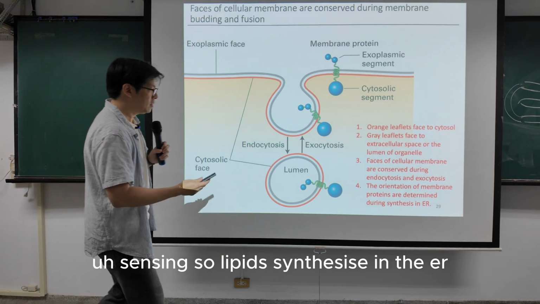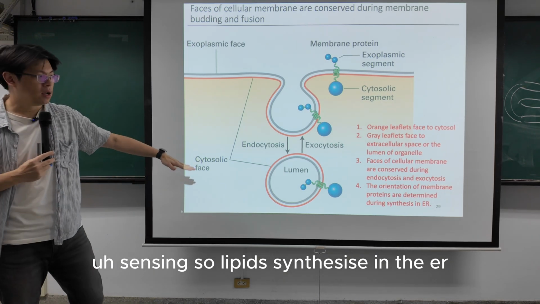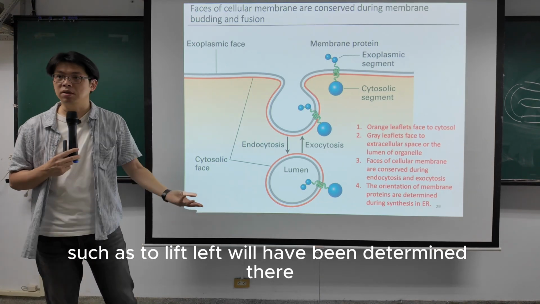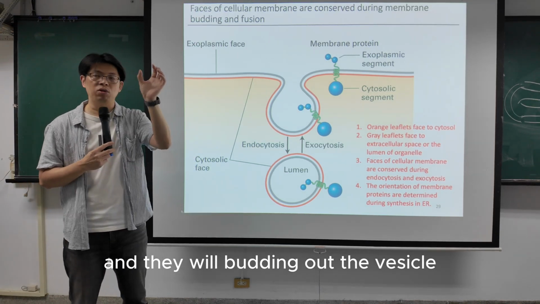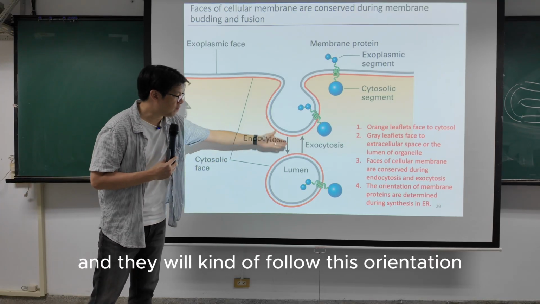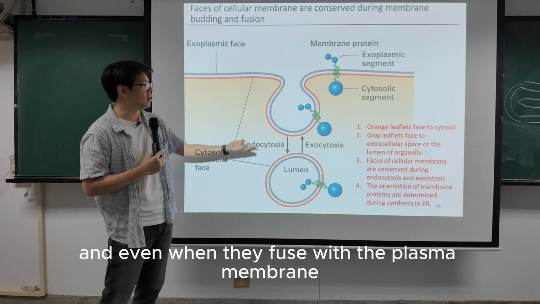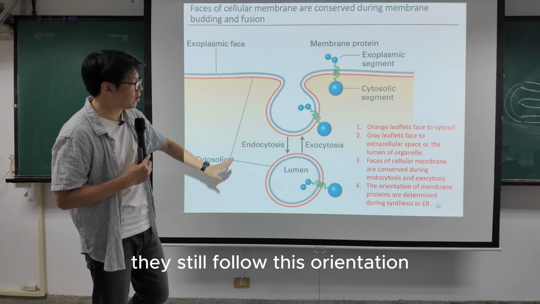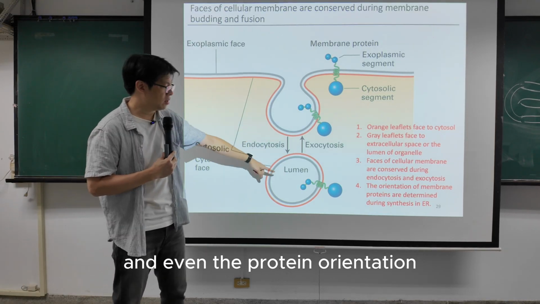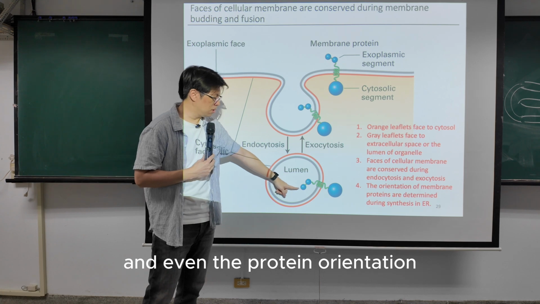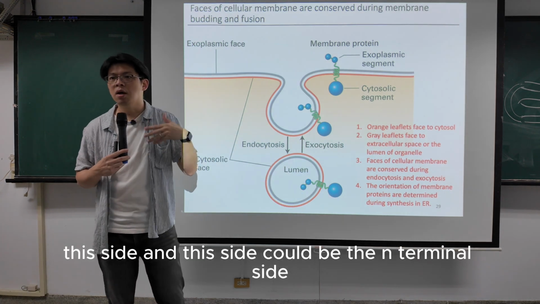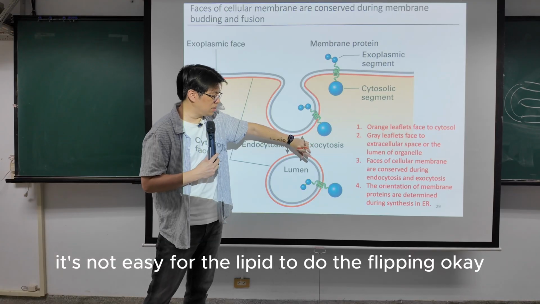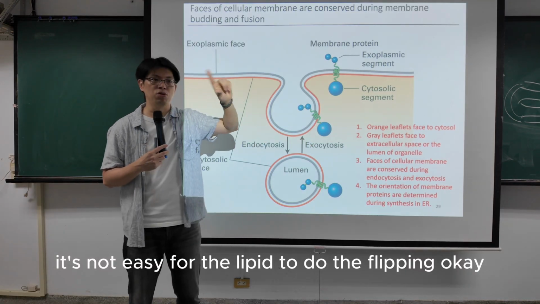So lipid is synthesized in the ER, and the orientation of the two leaflets is determined there, and then they bud out as vesicles and follow this orientation. Even when they fuse with the plasma membrane, which could be their destination, they still follow this orientation. Even the protein orientation, this side and this side, the N-terminal or C-terminal, they always follow this orientation because it's not easy for the lipid to do the flipping.